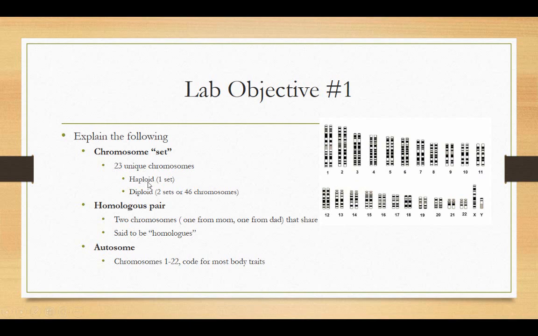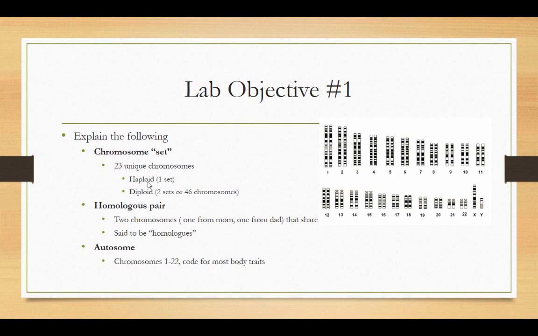So the mother's egg would be an example of a haploid cell. It had 23 of the chromosomes, and then the father's sperm had the other 23 of the chromosomes, so that would be a haploid cell as well, being that it has only half of the chromosomes. Where in a normal body cell, we would call that that has 46 chromosomes, that's considered to be a diploid cell. And so our body cells are also known as somatic cells as well.